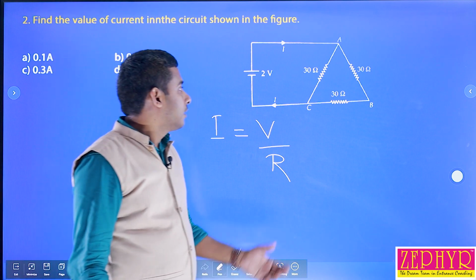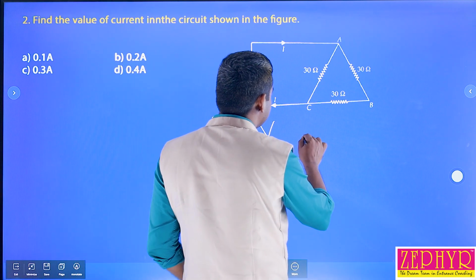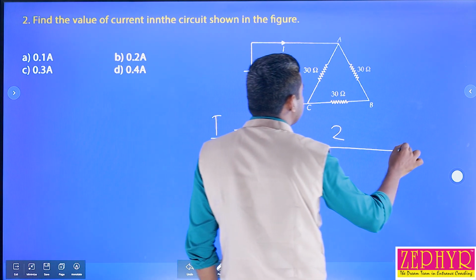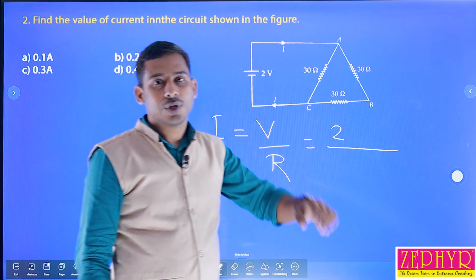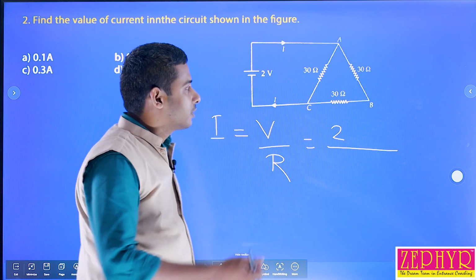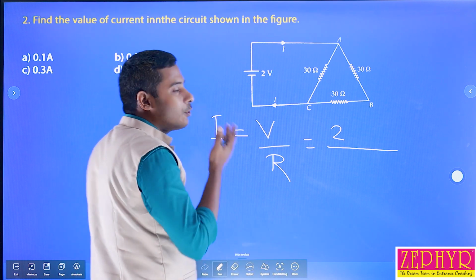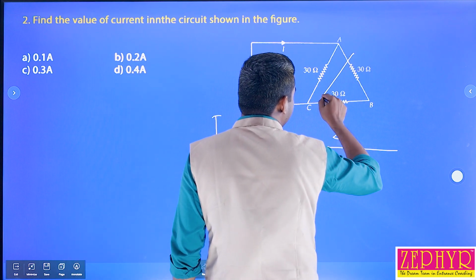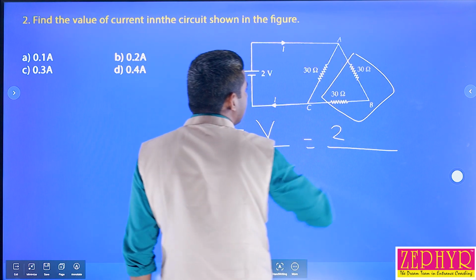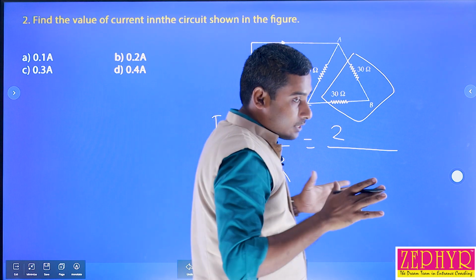But voltage we have how much? 2 volt, but for the value of R, see here we have 3 resistors. So, how can we calculate the value? Confused, right? No, it is easy. See, this 30 ohm and the 30 ohm are connected in series.